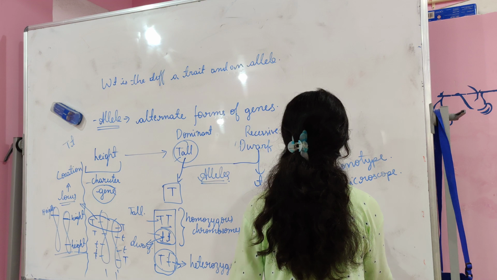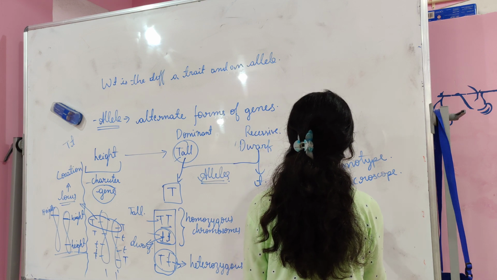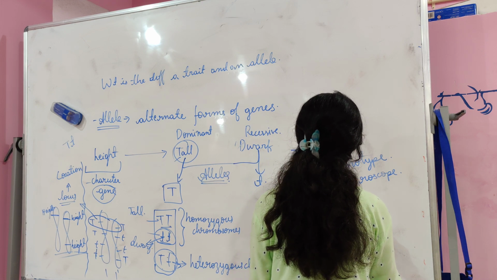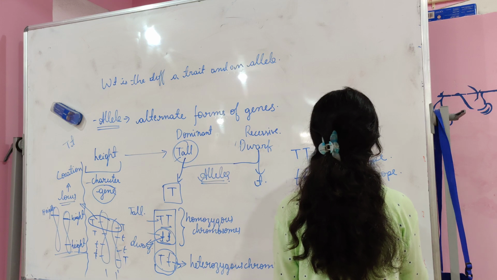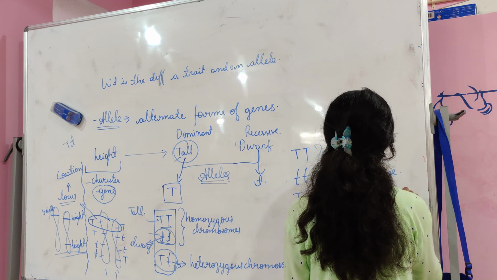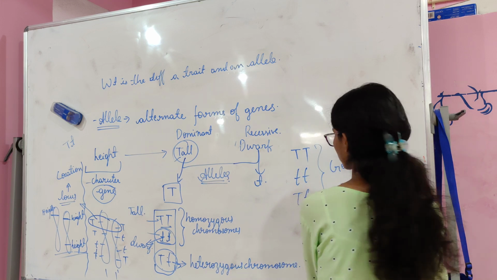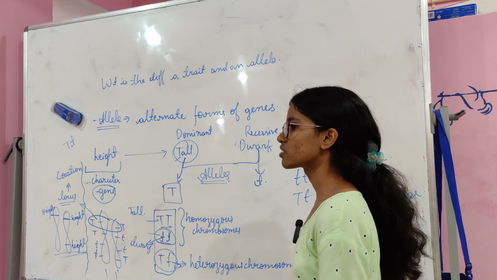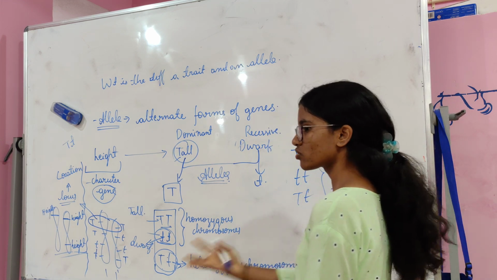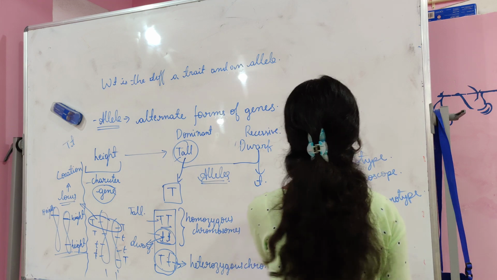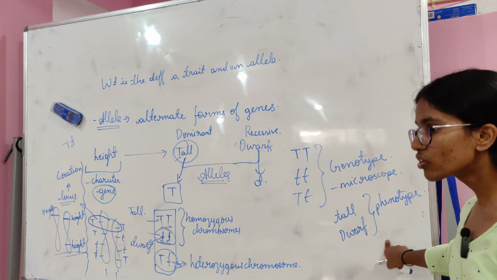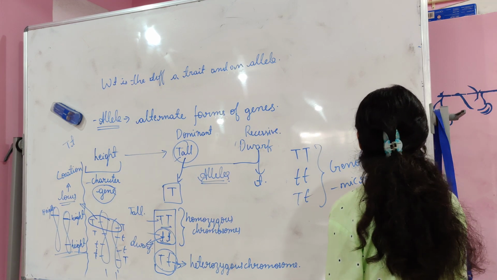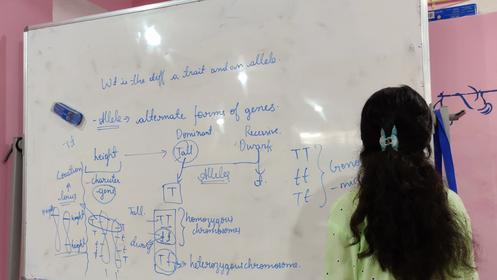And phenotype is something where we represent it by dwarf, tall, and so on. This is phenotype. We can tell it as soon as we see it, right? And genotype is the chromosomes present inside the body. We can't tell it as soon as we see the person, right? So that is why it is represented as phenotype. Phenotype is morphology, morphological appearance.